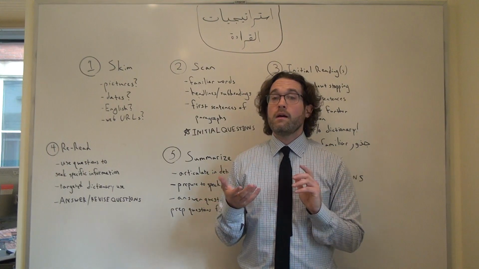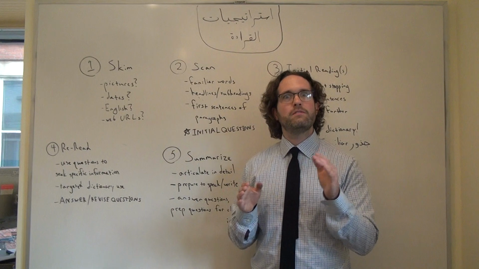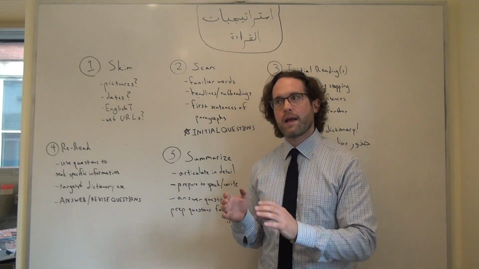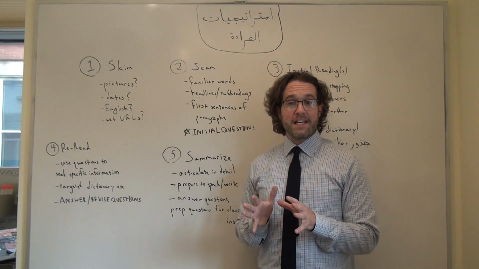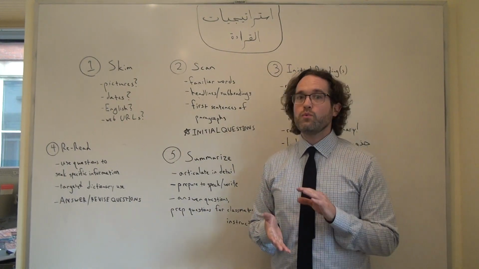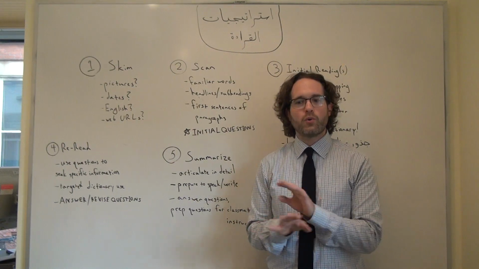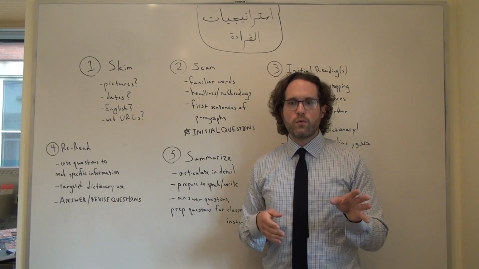Once you're done with that, then you can start scanning, moving your eyes in a slightly slower and more directed way. At this point, at the scanning stage, you're going to want to look for the familiar. You're not reading word by word. You're not worrying about grammar or vocabulary that seems unfamiliar, words you don't know.